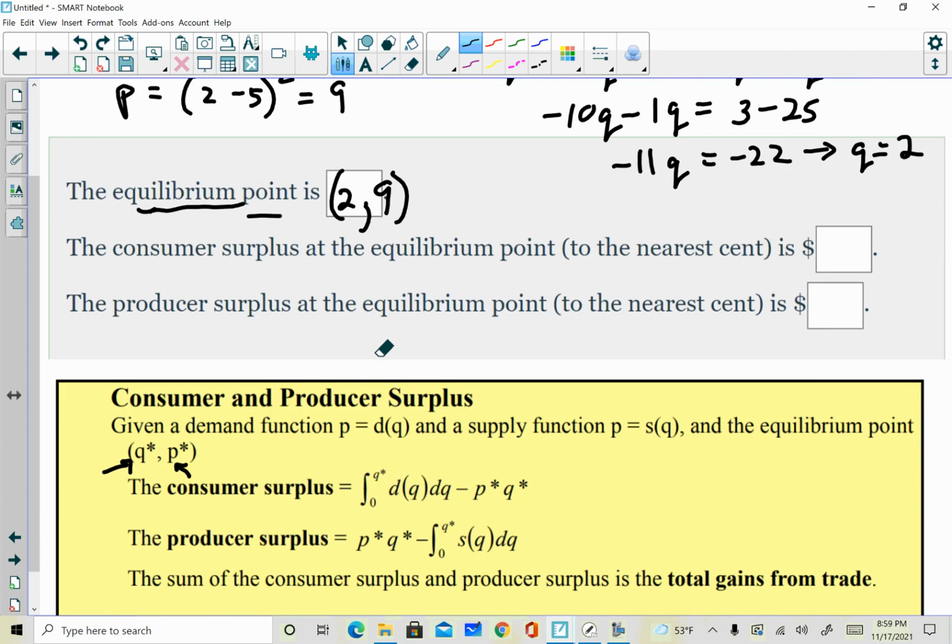To find the consumer surplus, we're going to evaluate the integral from 0 to Q. Q is 2.